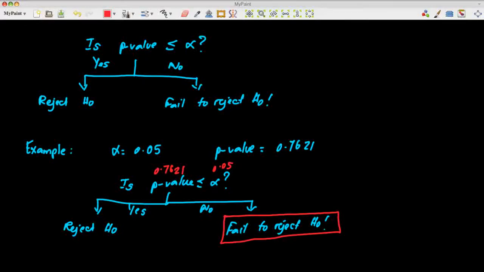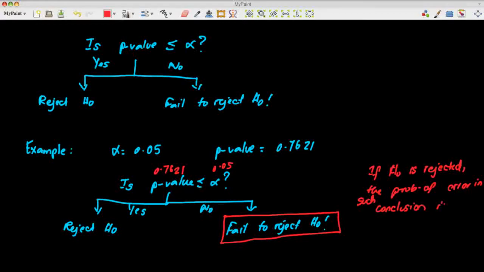How would I interpret this? Well, hypothetically, if null is rejected, the probability of error in such a conclusion of rejecting the null is 76.21%, which is equal to the p-value.